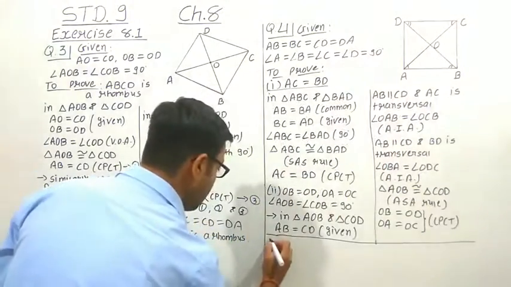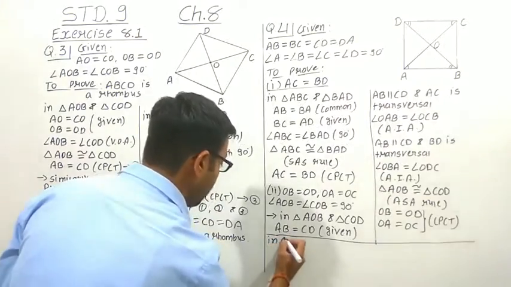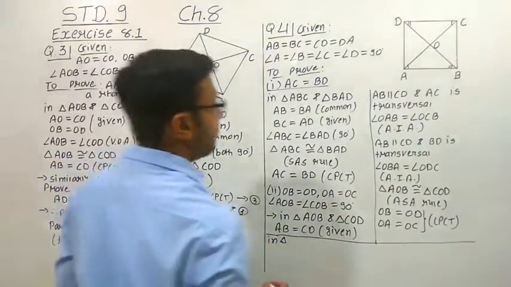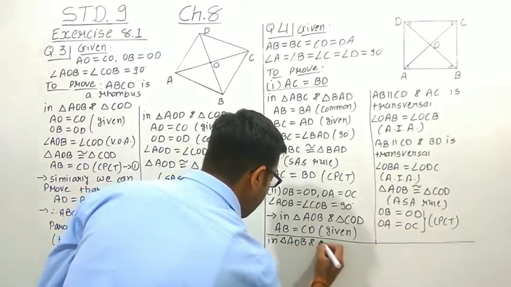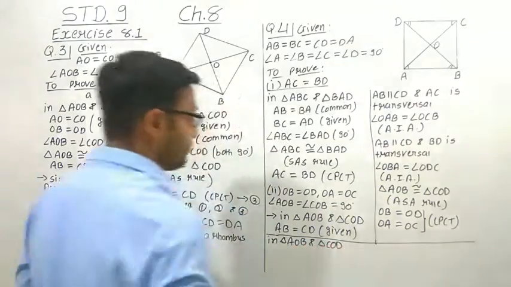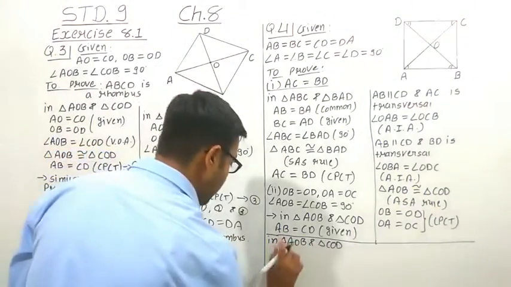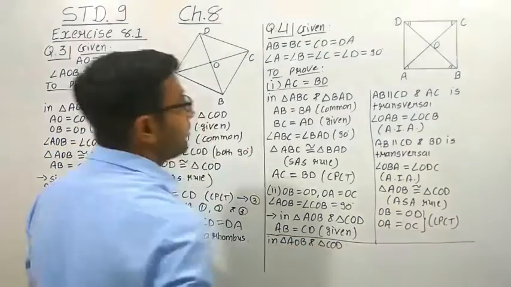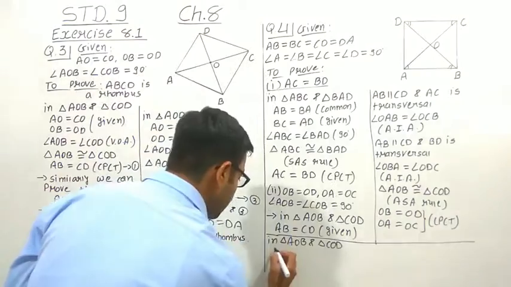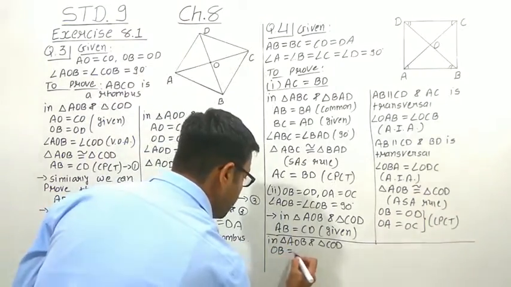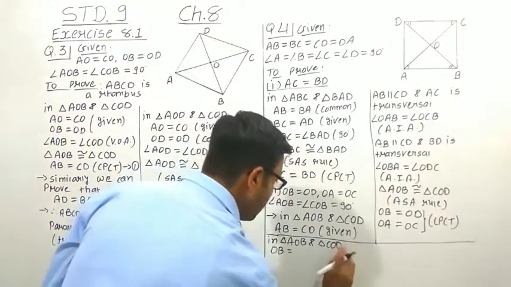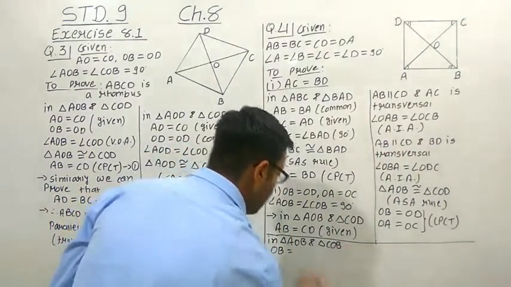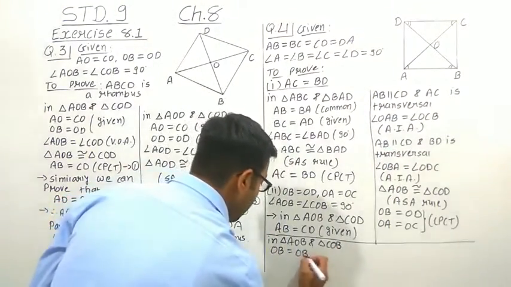In triangle AOB and triangle COB, which are the conditions? We can write down that OB is equal to OB.